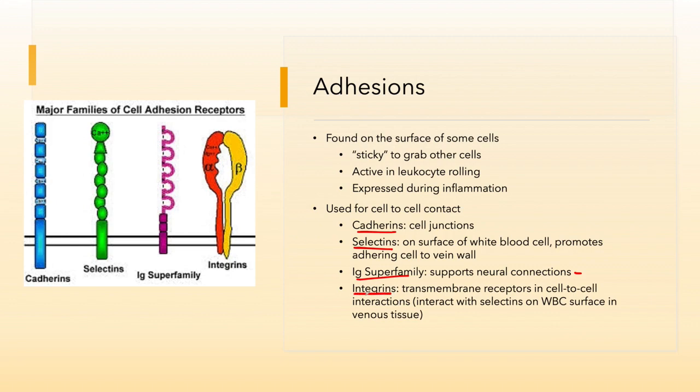The integrins are membrane receptors that are found in cell-to-cell interactions, and we are going to see integrins and selectins play a big role in the inflammatory response, and the two working together are going to initiate changes in cadherins. So adhesions are considered part of the cytokine family simply because 3 out of 4 of them are highly associated with inflammatory responses.